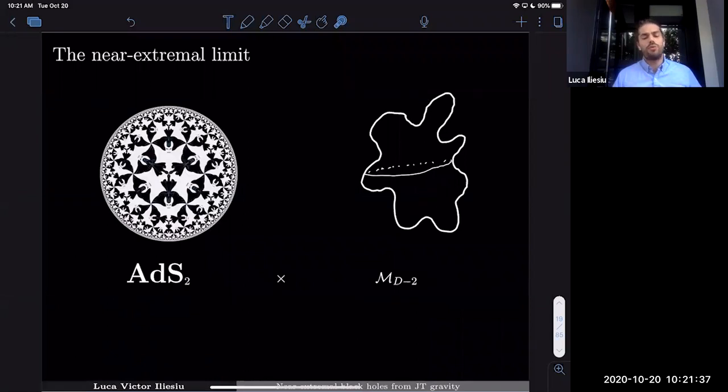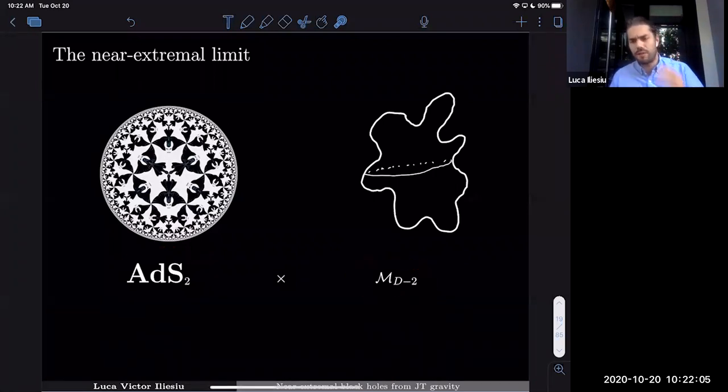The important fact we'll use is that the classical solutions for near-extremal black holes always look like the following. As we go close to the near horizon region, the space factorizes into AdS2 times some manifold.